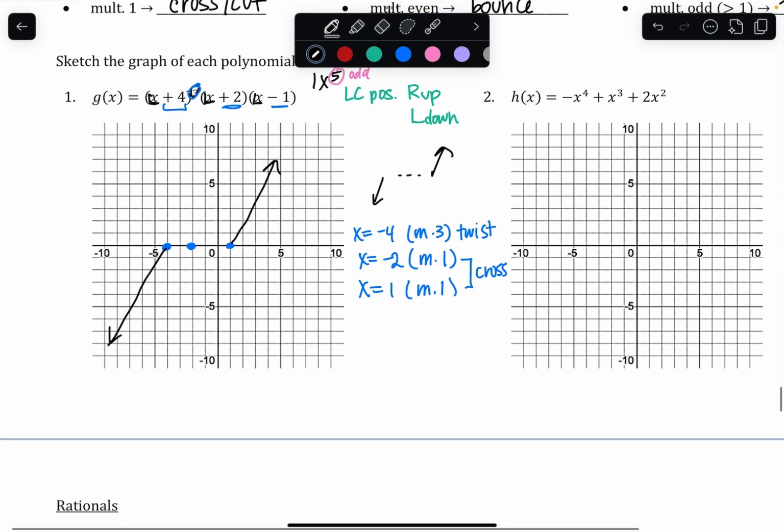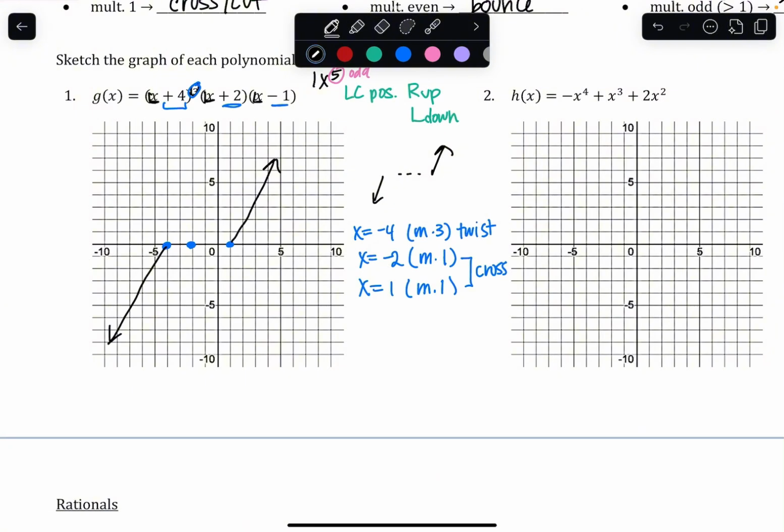Starting at -4, that's where it twists or flattens, so something like that. It doesn't matter how far you go up before you come back down to -2, so go up as high as you want, and then at -2 it crosses, and then at 1 it also crosses.